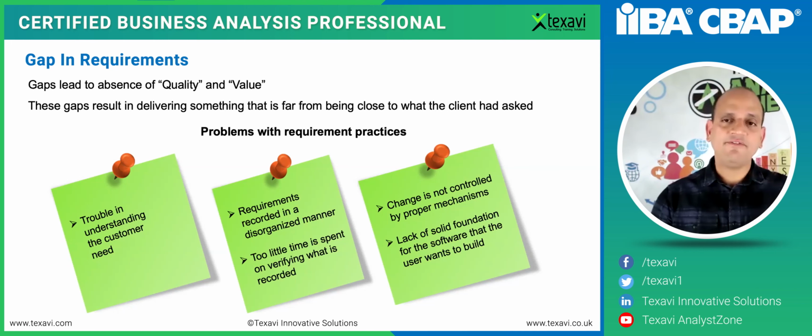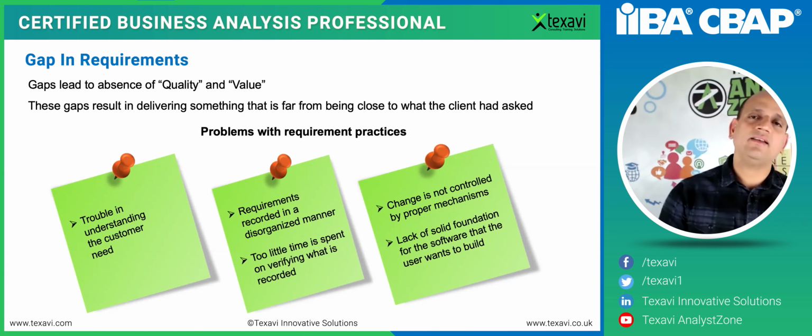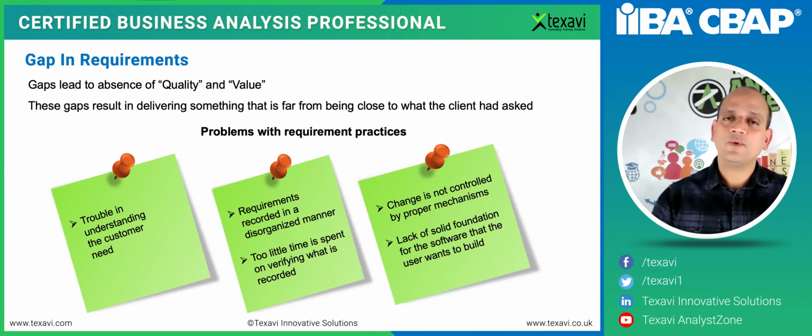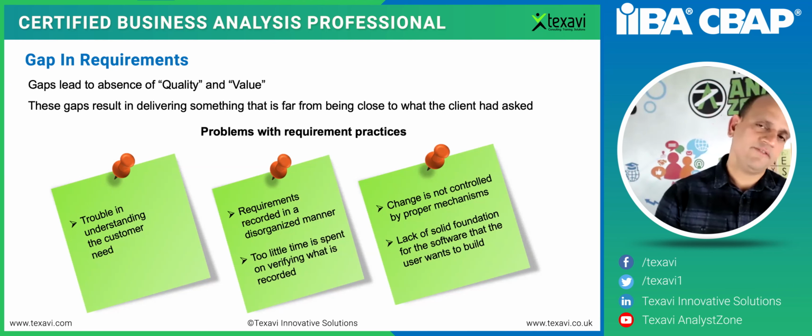You need to specify and then validate it as soon as possible, because otherwise, if you do not specify your assumption, people might mistake that as a fact, and that could ultimately lead to a big, big problem, big trouble. So I would say that we all need to, as BAs, be very careful about what we're trying to assume. And if we are saying that this is an assumption, then we need to specify that clearly.